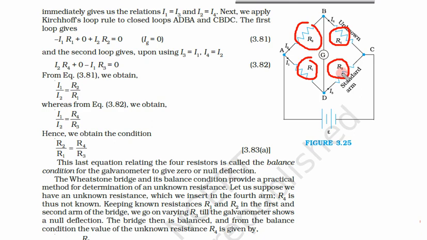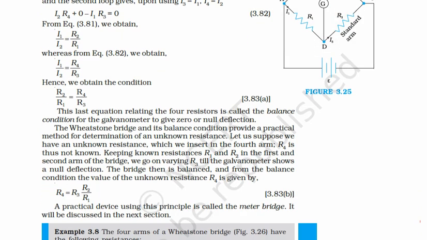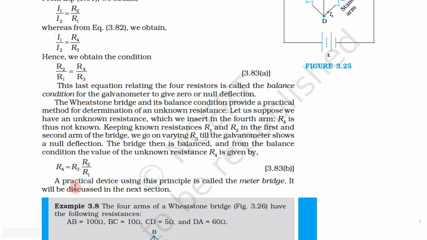R3 is the variable resistance, and R4 is the unknown resistance. So what will happen from this condition? We see that R4 is equal to R3 R2 by R1. This is the condition from this.